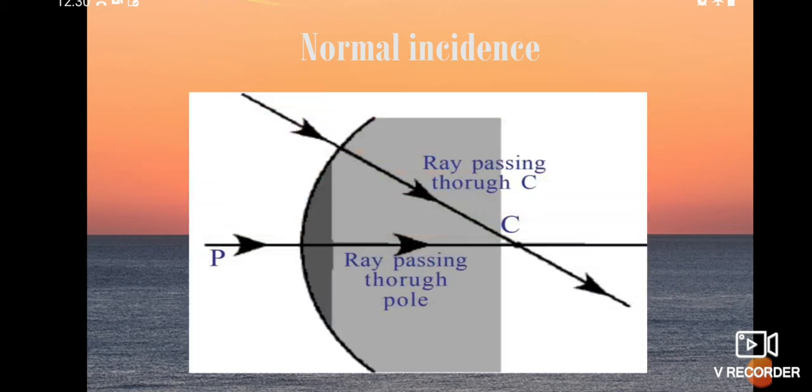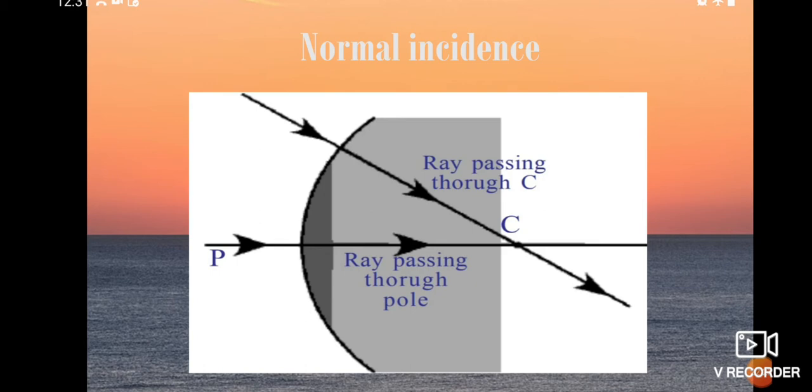See here, a normal incidence means one light ray is traveling along the principal axis and another light ray is traveling along the normal through the center. Is there any deviation here?